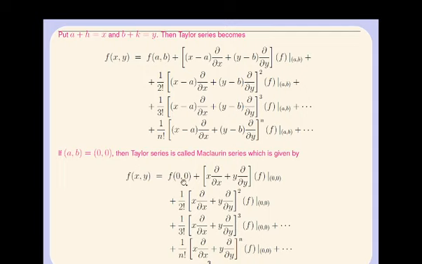Here (x, y) is a point near the point (0, 0), and the value of f at the point (x, y) equals the value of f at (0, 0) plus, here a equals 0, b equals 0, so (x ∂/∂x + y ∂/∂y) of f evaluated at (0, 0), plus 1 by 2 factorial into this expression of f evaluated at (0, 0), plus etc., plus the nth term, plus etc. This series is called the Maclaurin series.